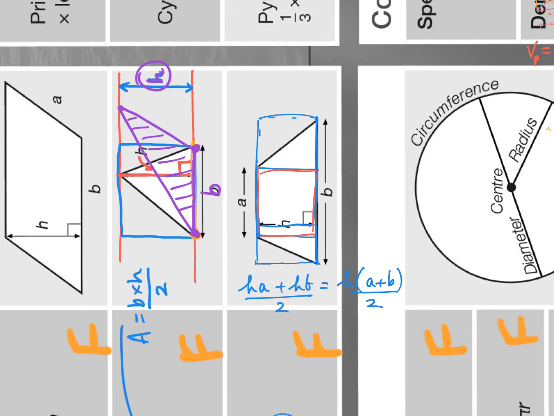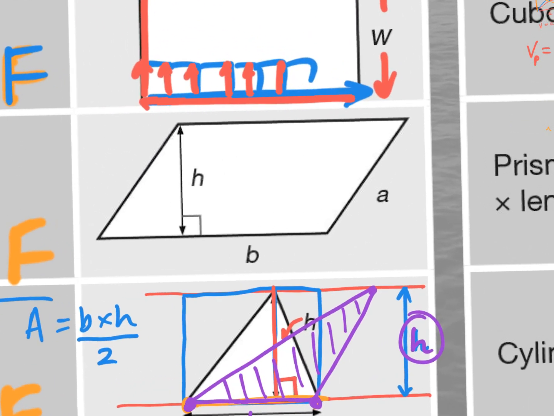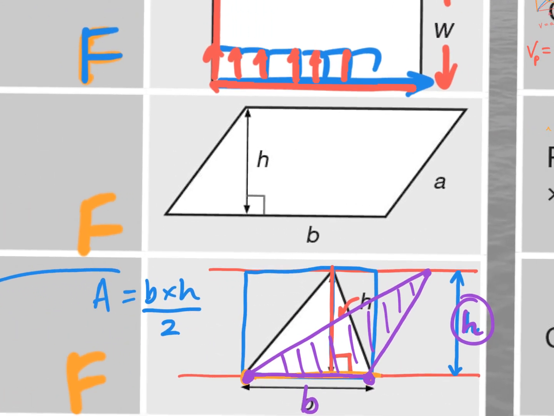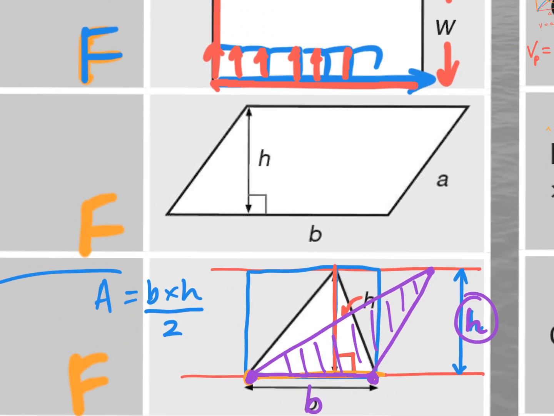So what one can we look at next? I can just about see it. I think it would be this one, the area of a parallelogram. So let's have a look at that one. Well, a nice way of remembering this one is if you just imagine that you're just cutting this triangle off here, this right angle triangle, moving it to here.